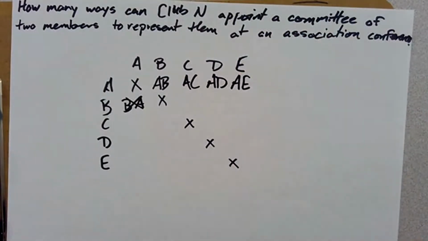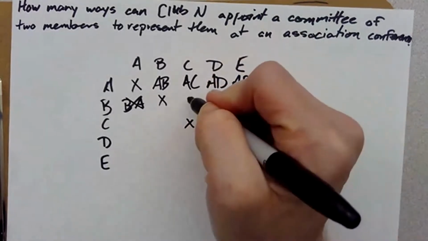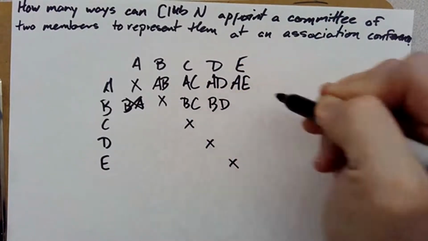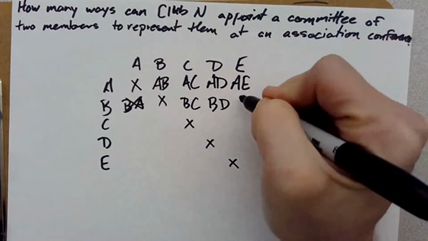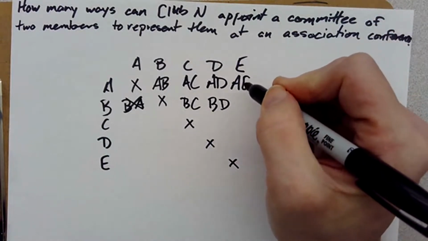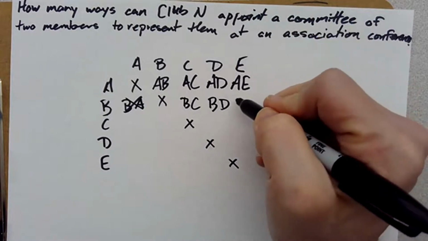That means that fully half of the possibilities for president and secretary are invalid here. We're only going to have a total of 10 ways to appoint a committee, as opposed to the 20 ways we had to choose a president and secretary.